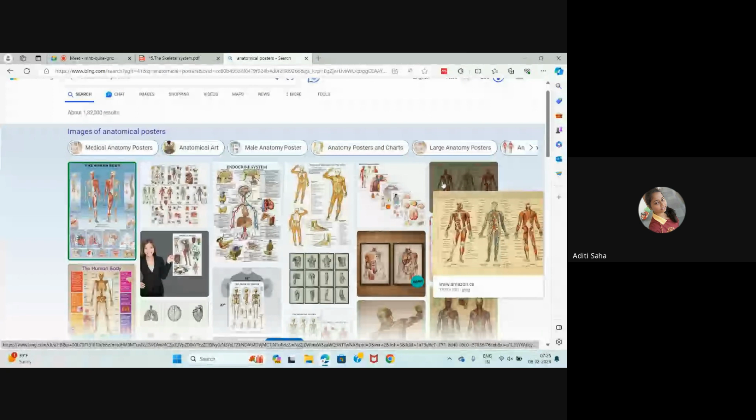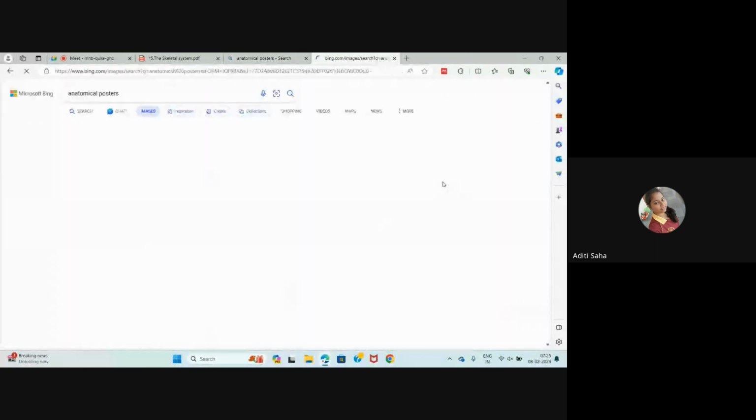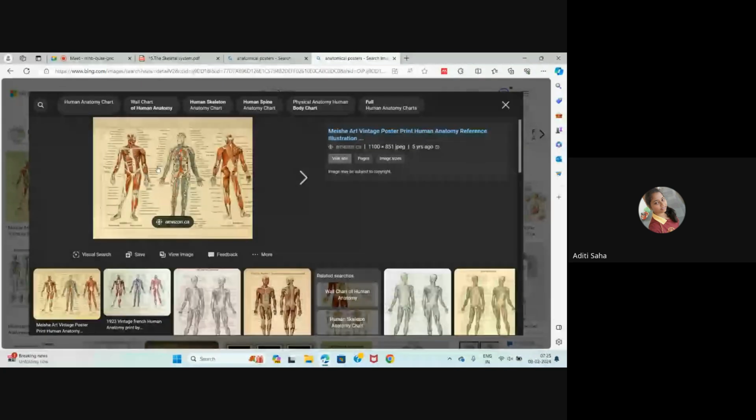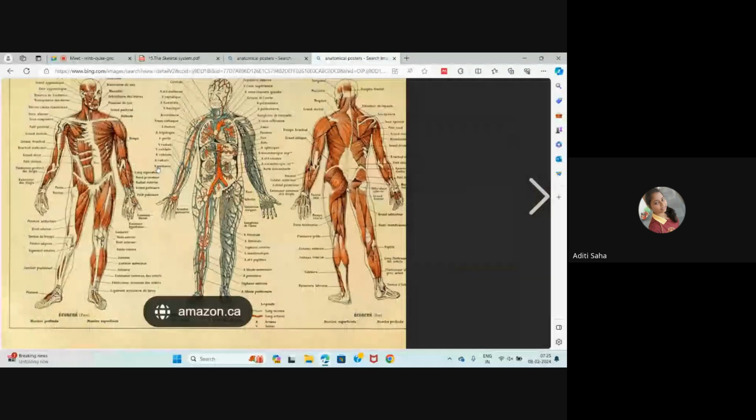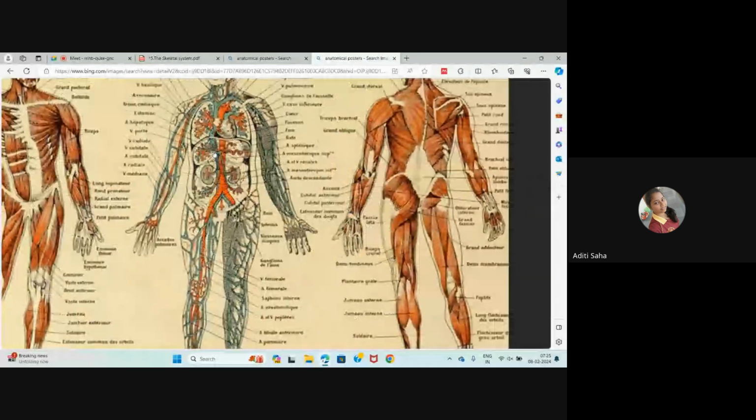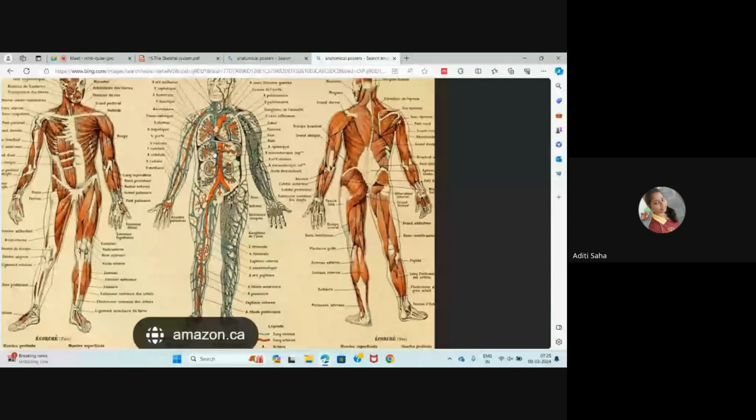Here you can see a bit of the concept. In this picture, you can see that this is a person, and this is his right side and this is his left side.